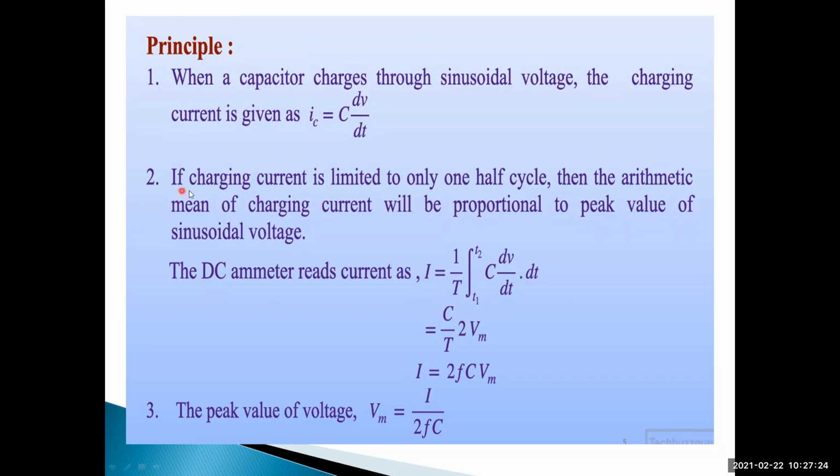Second, if the charging current is limited to only one half cycle, then the arithmetic mean of the charging current will be proportional to the peak value of the sinusoidal voltage. This is the concept.